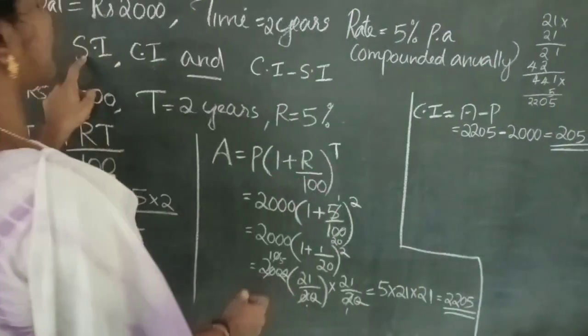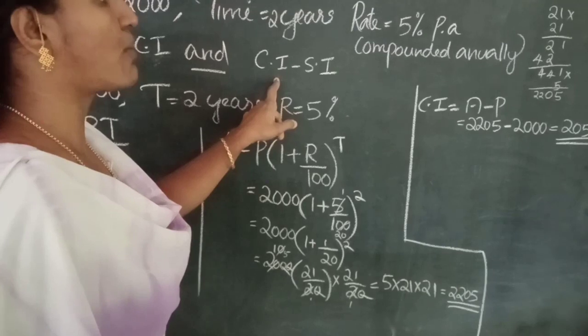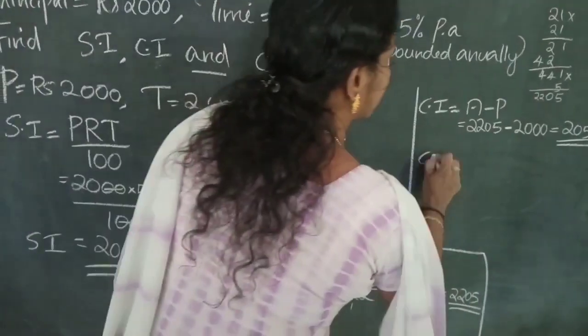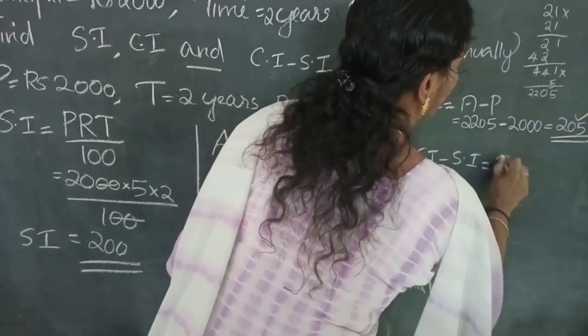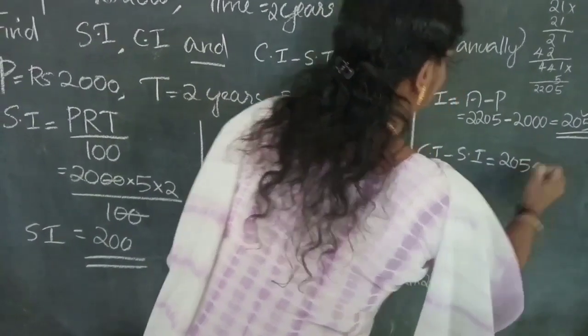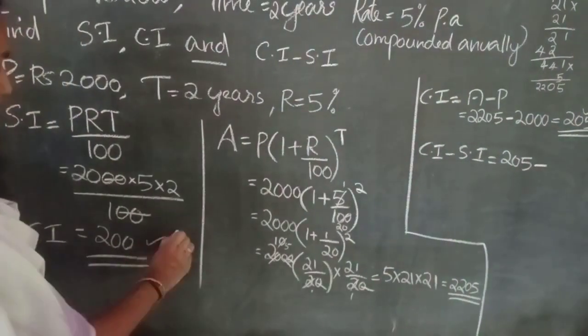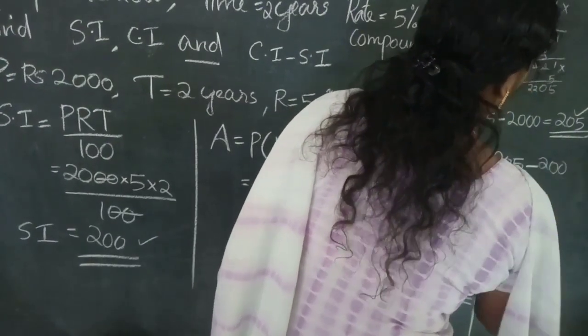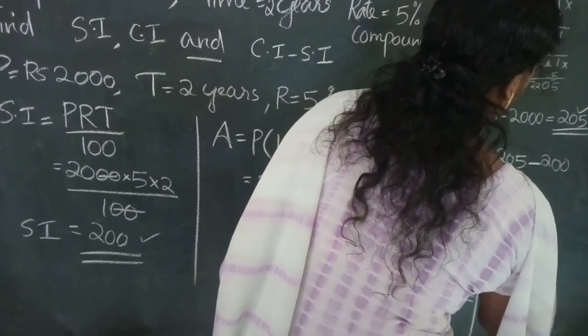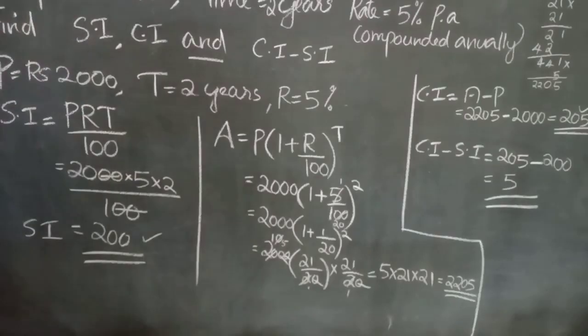Then compound interest minus simple interest: CI minus SI. Here CI is equal to 205 minus SI is equal to 200. So 205 minus 200 is 5.